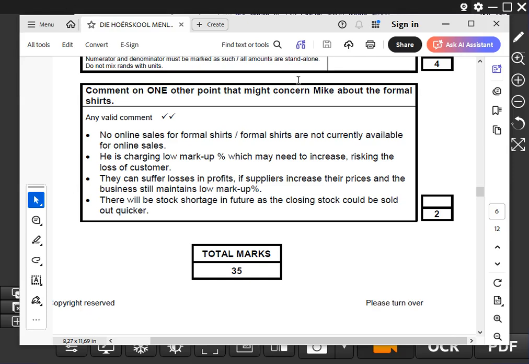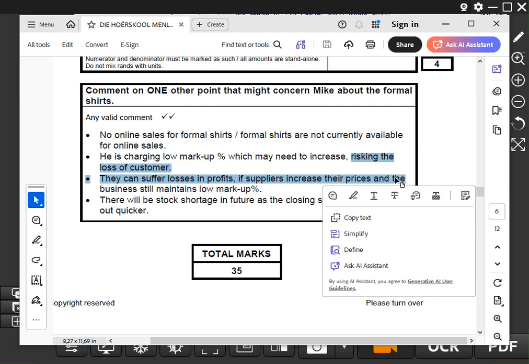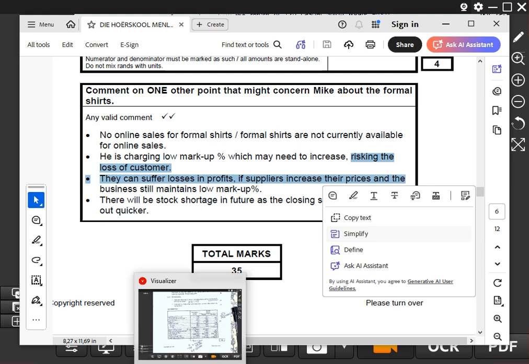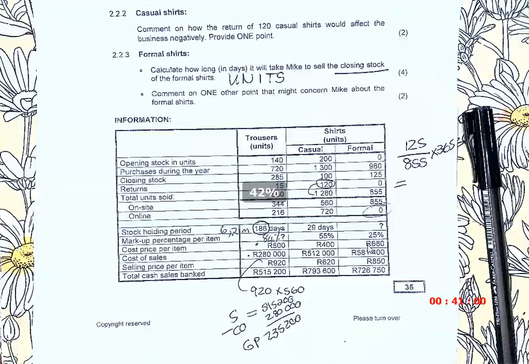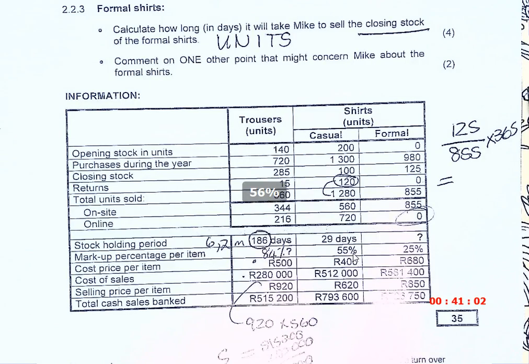Yes? Why are they seeing the loss of customers? Selling no markup, risking the loss of customers. Okay, so why would they say here risking the loss of a customer? If I look at this, this is formal shirts, right?